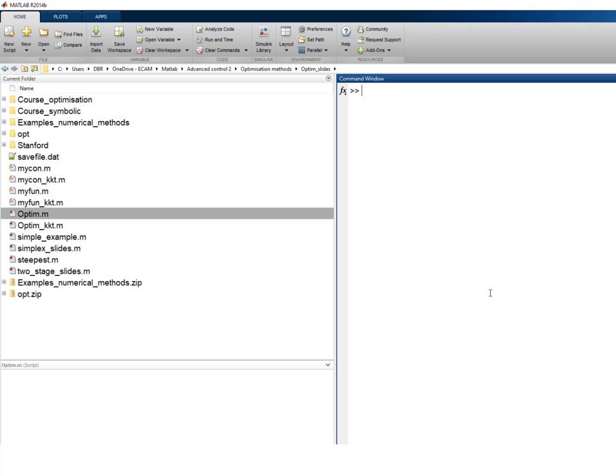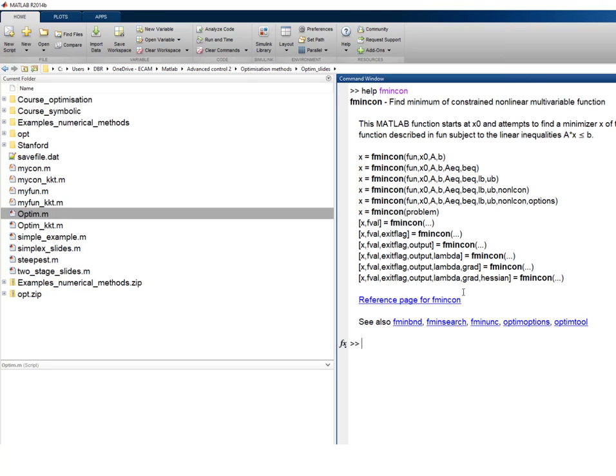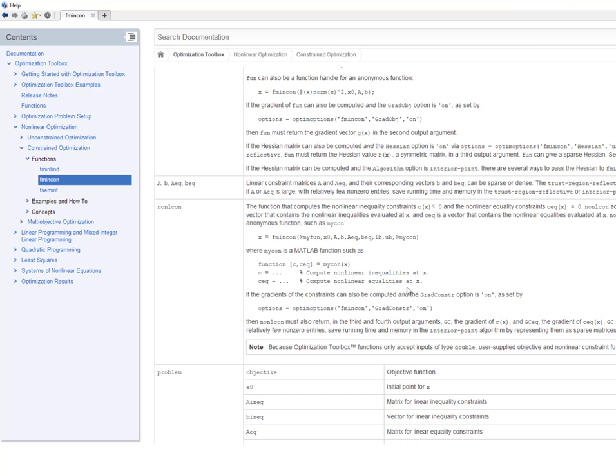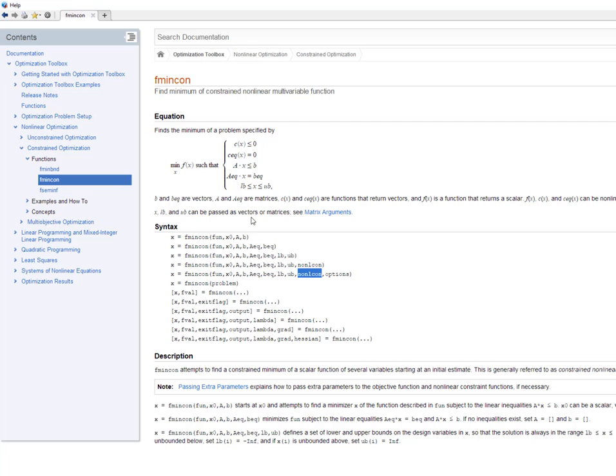Well, as usual, you should have a look at the help function associated with the function, and as usual, well, it's probably best to have a look at the reference documentation, and over here you have the syntax, right? And the syntax that has been used is this one over here.